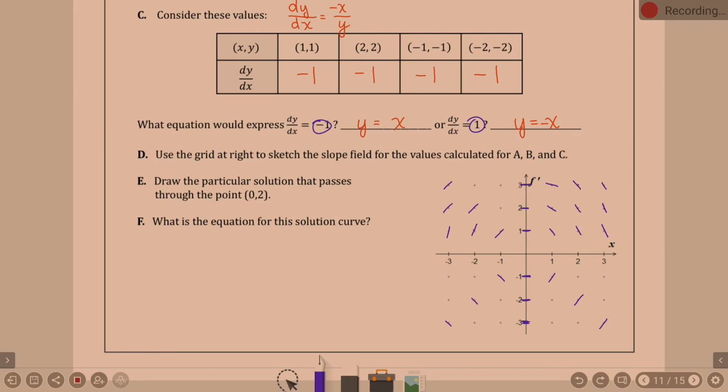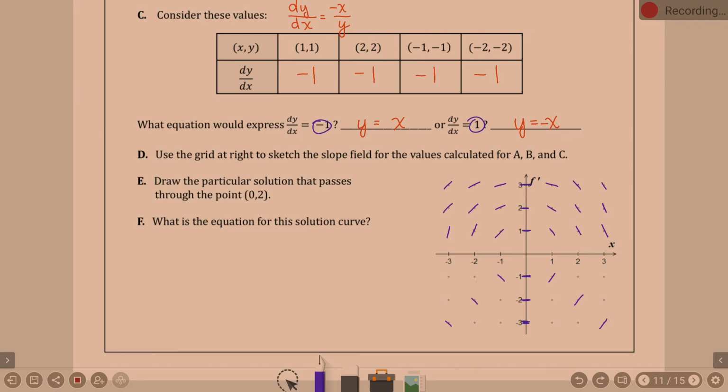Let's see, if I go -2, 3, that's going to be 2/3, so a little less than 1. Then the 1 column, 1 over 2 is 1/2, so less than 1, and 1/3 is even less. Repeat in the bottom 2. So x over y, -2 over -1. 2 over 1 is going to be 2.